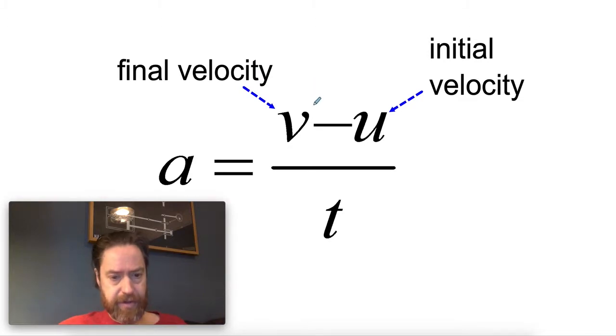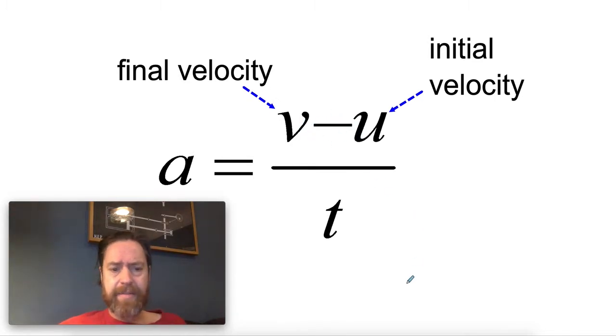This looks unusual, but really the change in velocity is the final velocity, the speed you end up at, minus the speed you started with. So we use v for the final velocity and u for the initial velocity, and that tells you the change. Quite often you start from something stationary, so this initial velocity would be 0, but for completeness we've included it there.